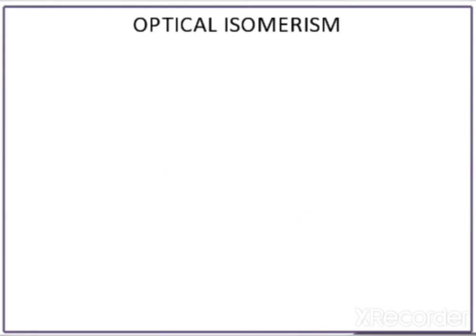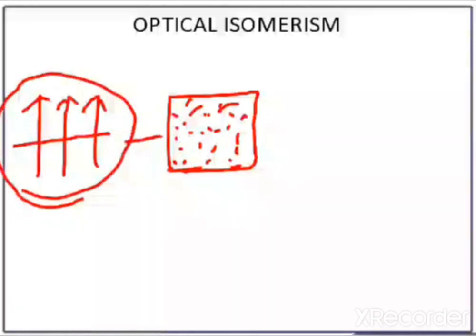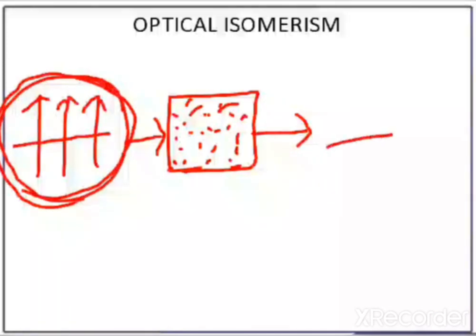When this plane polarized light is passed through a particular substance or organic compound, the orientation or direction of the plane polarized light is changed.